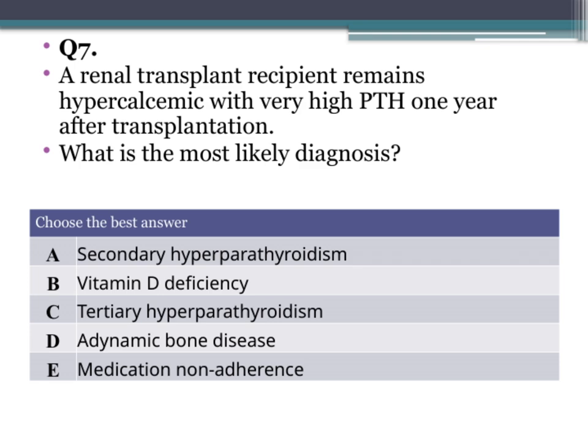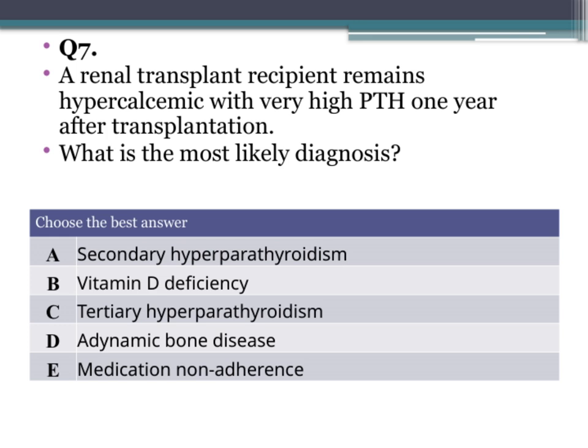Secondary hyperparathyroidism is common in chronic kidney disease due to phosphate retention and vitamin D deficiency, but it usually improves after transplant. Tertiary hyperparathyroidism, on the other hand, occurs when the parathyroid glands become autonomous after long-standing secondary hyperparathyroidism, leading to persistent overproduction of PTH and hypercalcemia.